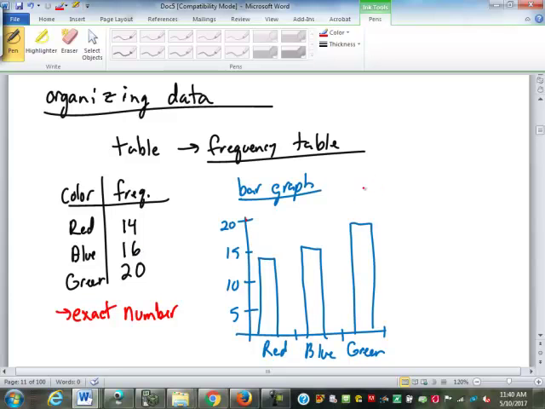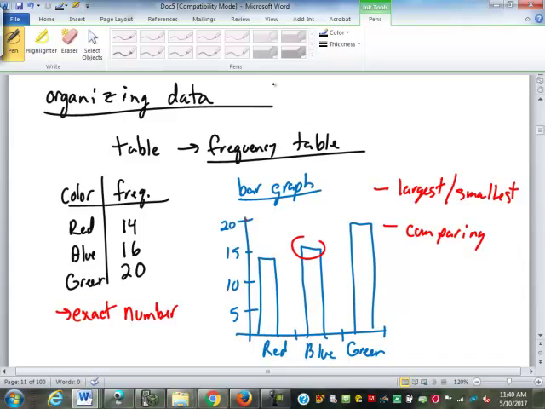The graph, its strengths were finding the largest and smallest. And then comparing. If I asked which was chosen more, red or blue, we can look at it very quickly and see, hey, blue is taller than red, so blue was chosen more than red.